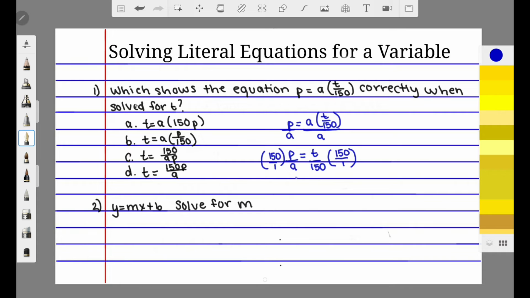So then we have 150p, 1 times a is a, so t is equal to 150p times a, which means that D is the correct answer.